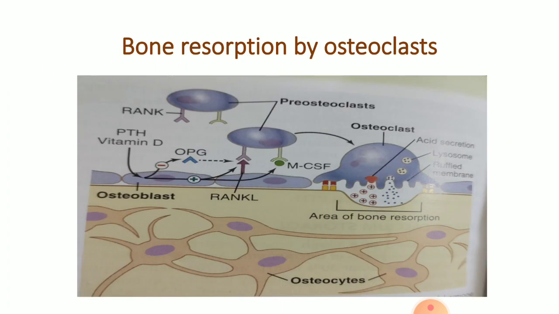Now something about bone resorption by osteoclasts. I have already mentioned that under the influence of parathyroid hormone as well as, indirectly, vitamin D, there occurs differentiation and proliferation of pro-osteoclasts into osteoclasts.